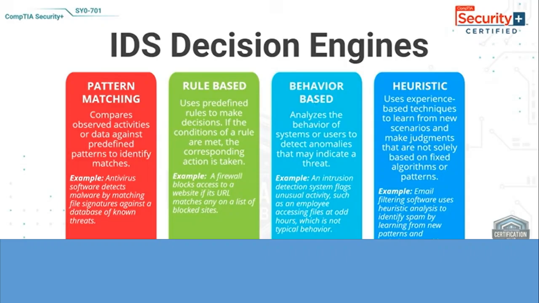For example, an intrusion detection system flags unusual activities. Say a person is an employee of the organization who comes in the morning at 10 and leaves in the evening.